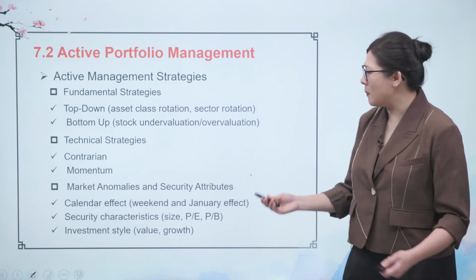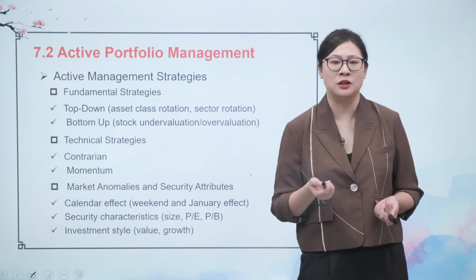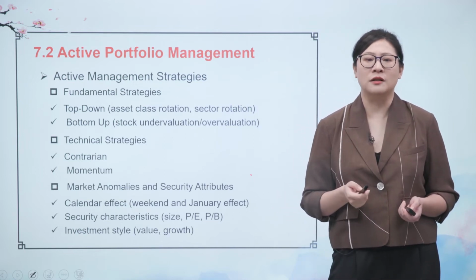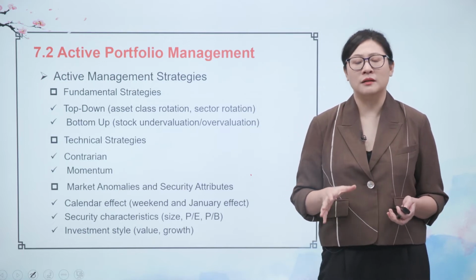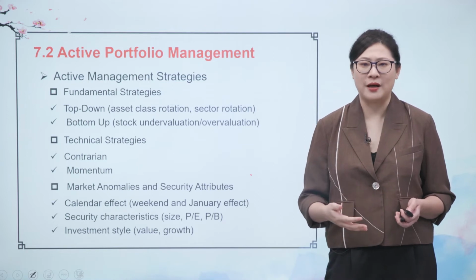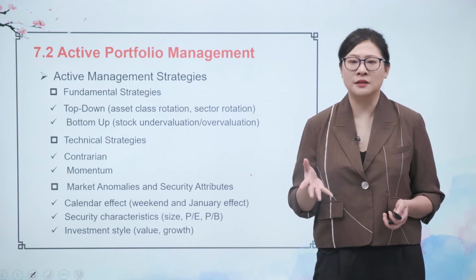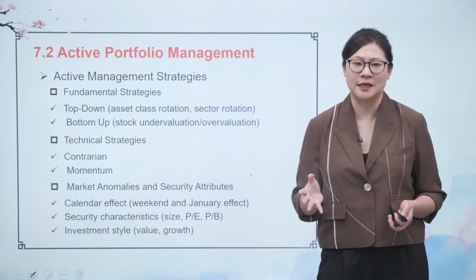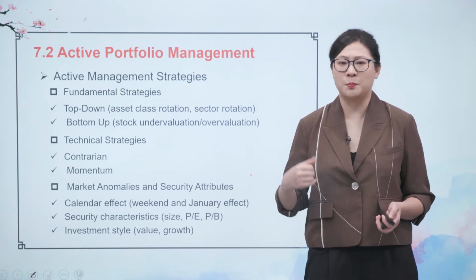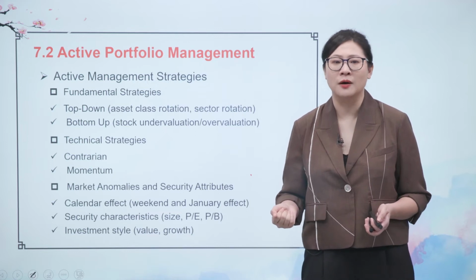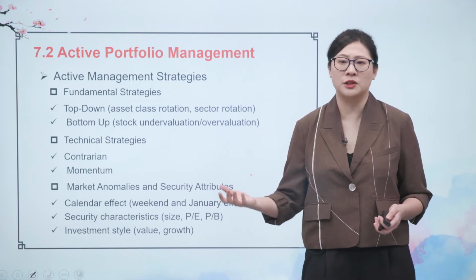Now let's go back to the third category for our active management strategy, which is market anomalies and security attributes. For the market anomalies, we have the calendar effect, like the weekend effect and January effect. You have learned all these effects in the efficient market hypothesis. The second one is security characteristics, like size, PE ratio, PB ratio, etc. And the last one is investment style, like value versus growth stocks.